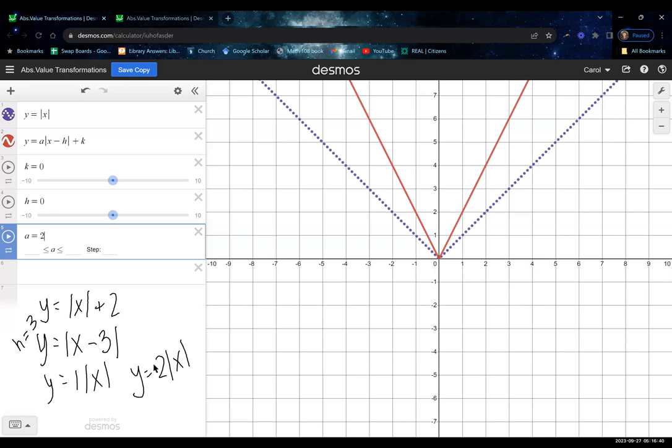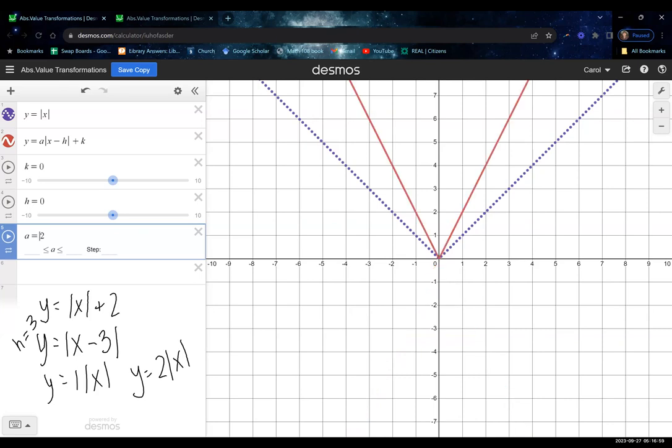Let's see what happens if we have a negative a value. Oh, it has flipped it over the x-axis, and now it is an upside down V. Let's go ahead and look at if I had changed multiple things in the equation.